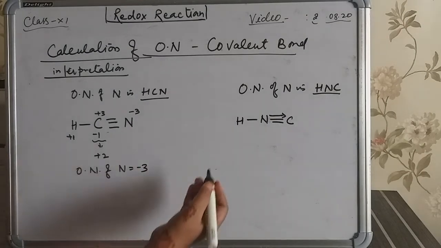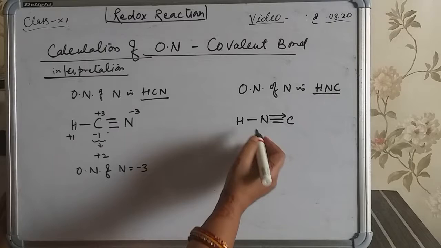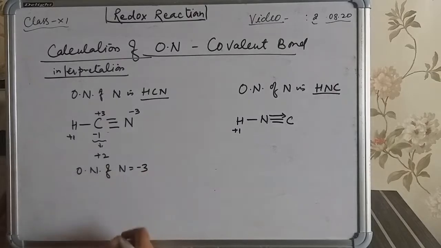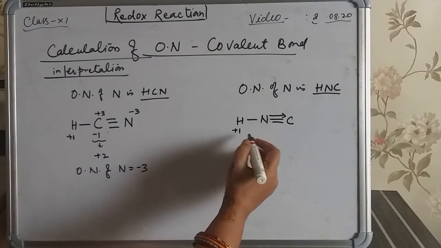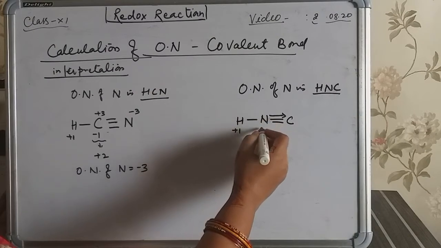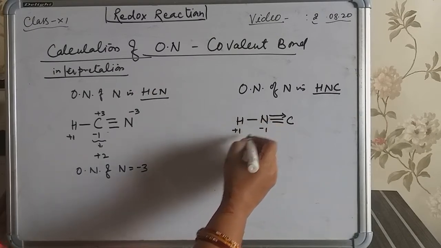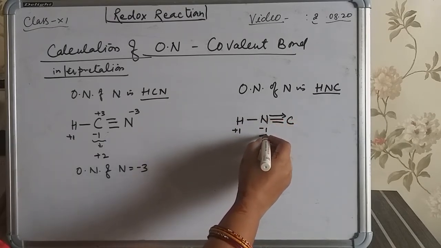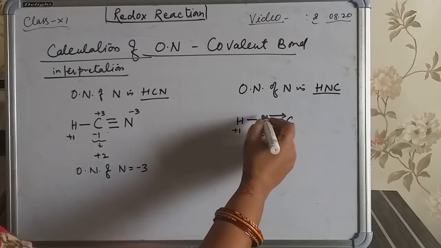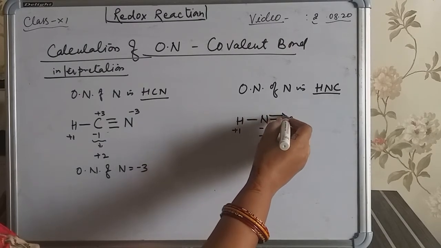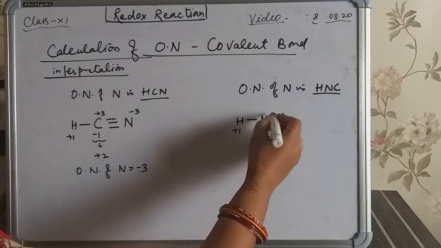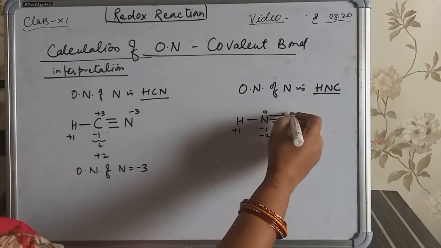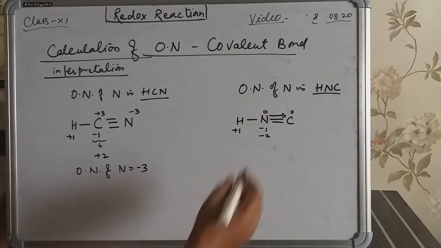Simple. In the case of hydrogen isocyanide, hydrogen is less electronegative than nitrogen. So hydrogen acquires +1 charge and nitrogen acquires -1 charge. And nitrogen is more electronegative than carbon, so it also acquires -2 charge. Nitrogen donates 2 electrons, but being more electronegative than carbon, it gets 0 charge. No charge is acquired on the nitrogen or on the carbon in the case of the dative bond.